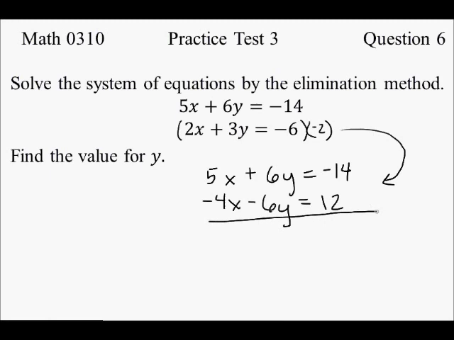And now we add these together, we can see our y's are going to eliminate or cancel. 5x minus 4x just gives us 1x, or x. And negative 14 plus 12 is going to give us negative 2. So there, x equals negative 2.